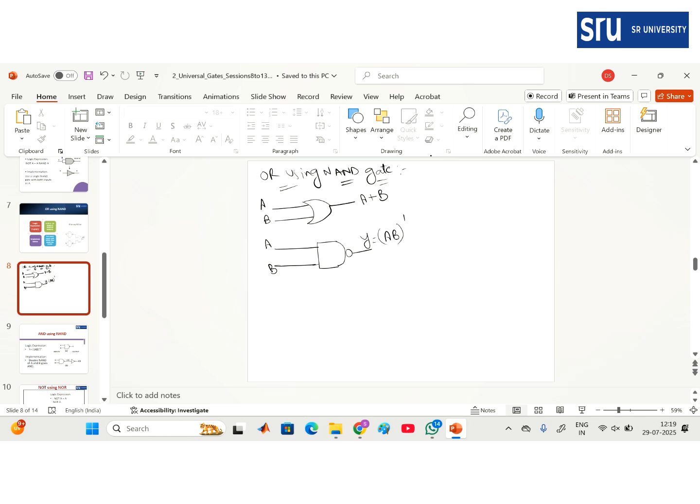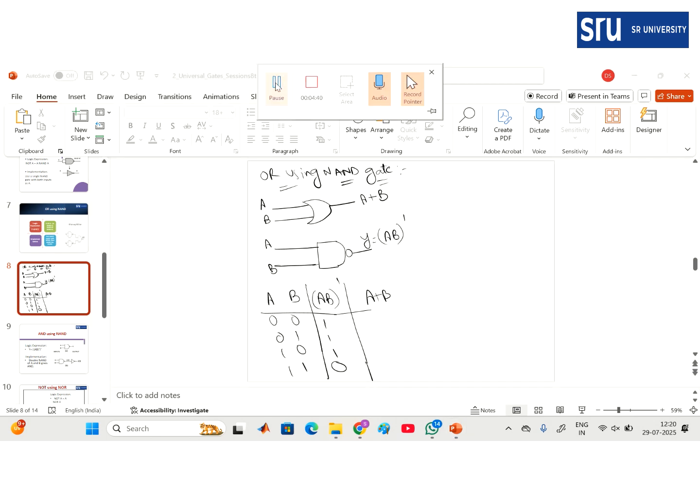The NAND truth table is 0 0 0 1, 1 0 1, 1 1 1 and 0. For the OR gate, the output expression A plus B gives 1 1 1 0 and 0 1 1 1.